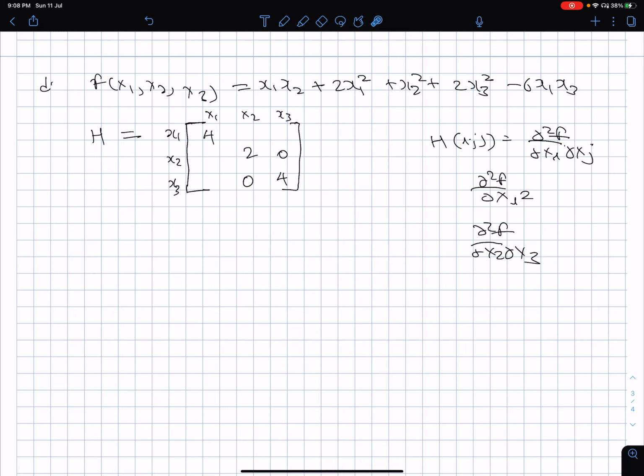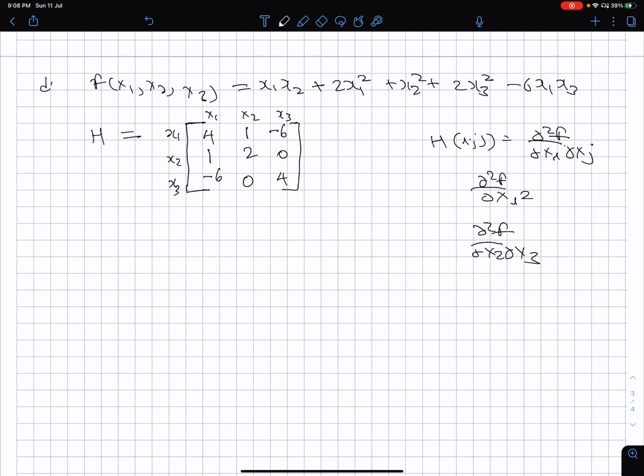With respect to x1, x2, the x1 x2 product comes only in the first term, so you are going to get a 1 here, and the matrix being symmetric you are going to get a 1 here. And with respect to x1, x3 you get a minus 6, so you get a minus 6 here and a minus 6 here.